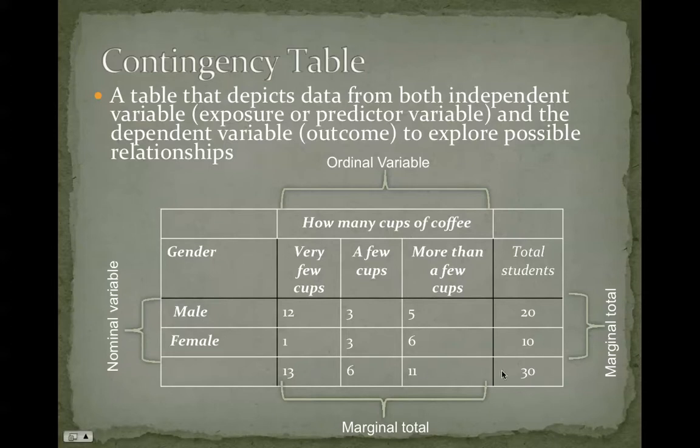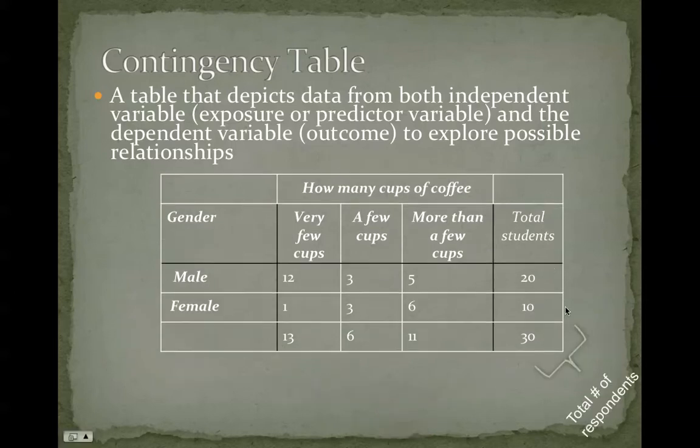If you did it correctly, then these two numbers, 20 and 10, should add up to the total sample size of 30. And this, 13, 6, and 11, should also add up to 30. In this case, they do, so we know we did it correctly. But generally, the base of the contingency table will only have 12, 3, 5, 1, 3, 6, and then later you can add the marginals. The marginals are important to know for future tests.